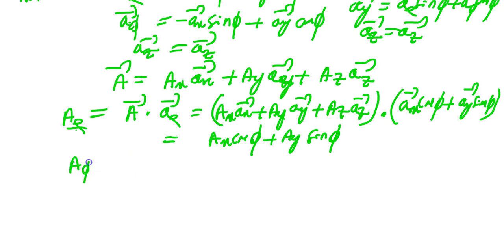Next, we need to find a_phi, the component of the vector along the phi axis.